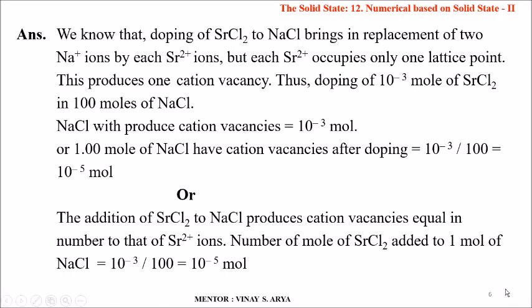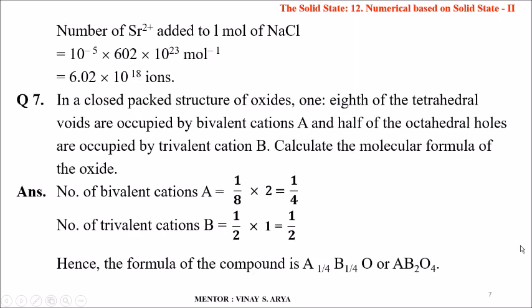So it is 10 to the power minus 5 moles. Number of strontium ions added to 1 mole of NaCl is equal to 10 to the power minus 5 into 6.023 into 10 to the power 23. So that is 6.02 into 10 to the power 18 ions, as per the desired answer.